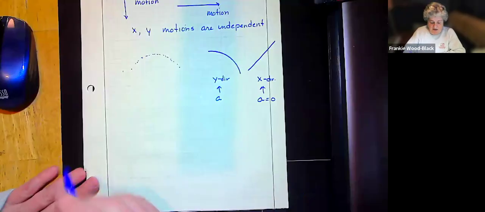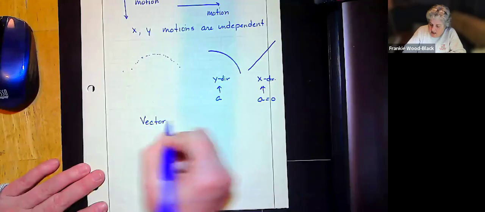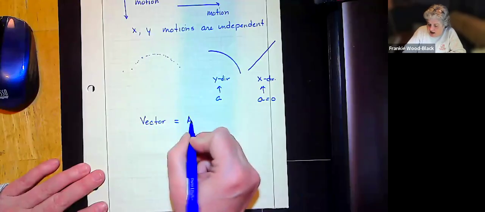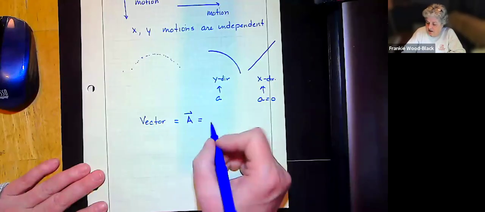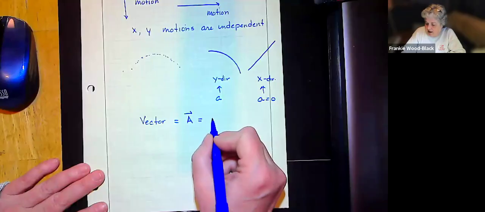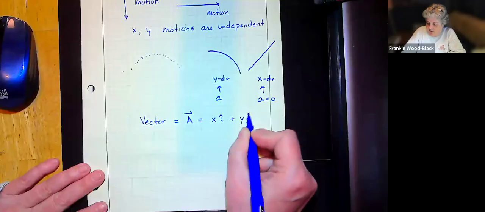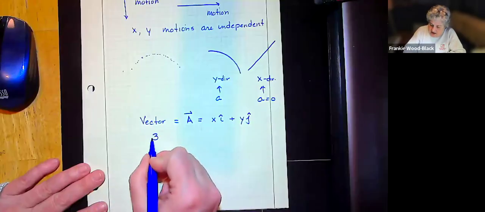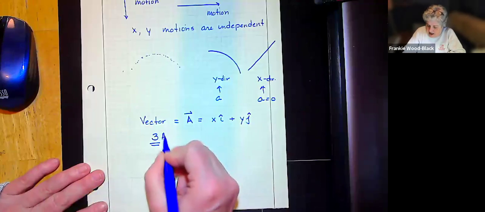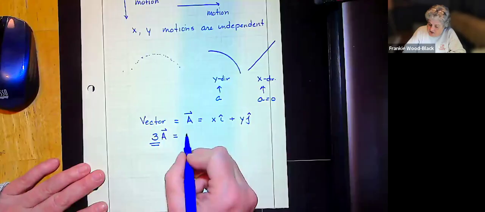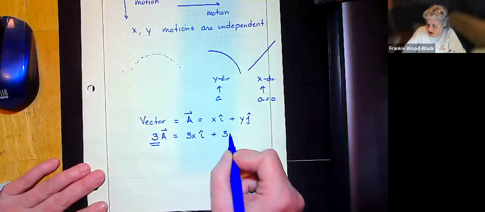So we can do some things. So if I have a vector, and we're going to call this vector A, and we're going to say it's equal to x in the i direction plus y in the j direction. If I do a scalar, and this is a scalar, it's just a number, and I do 3A, that means that this is going to equal 3x plus 3y.